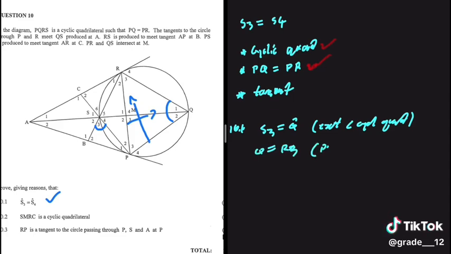That is because PQ is equal to PR. Okay, but if S3 is equal to Q and Q is equal to R3, then S3 is equal to R3 because they are both equal to Q. Okay, I think we can say that.